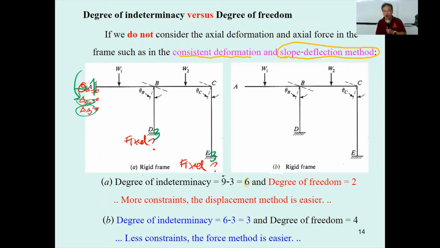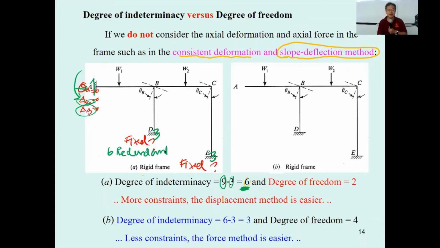So all of them are going to be 9. And if you have only one free body diagram for this frame, you have 3 equations. So this is going to be 6, a total of 6 unknown forces.